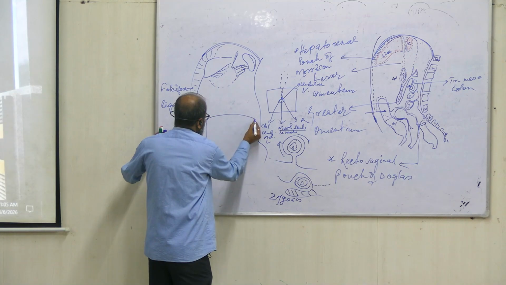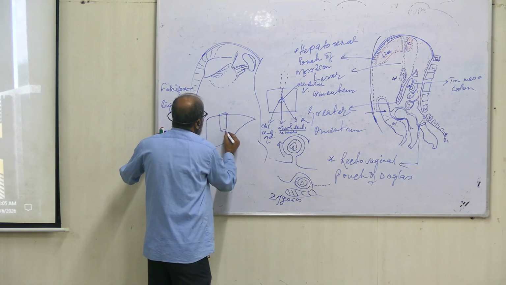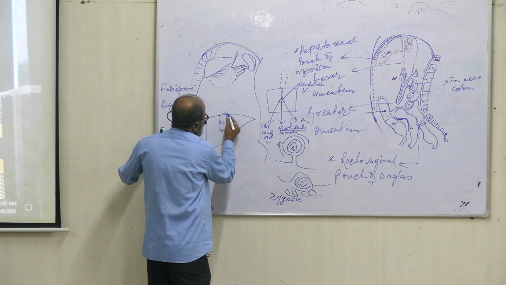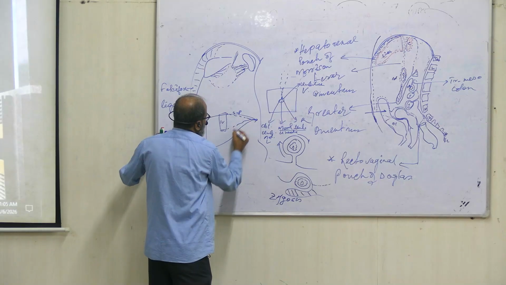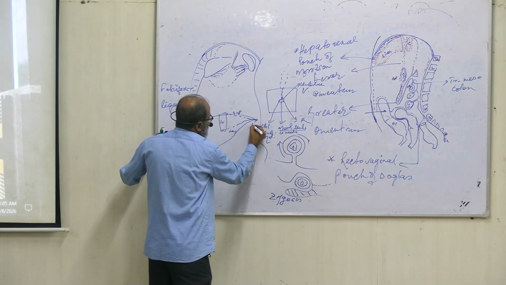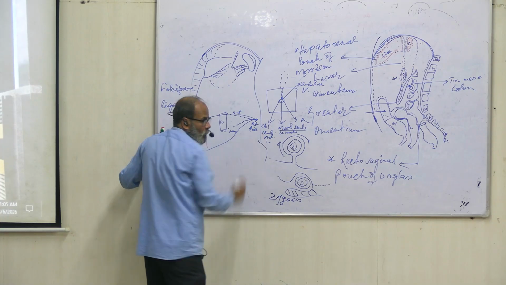From the back, this is the groove for the inferior vena cava, IVC. So these are the superior and inferior layers of the coronary ligament. This is the right triangular ligament.